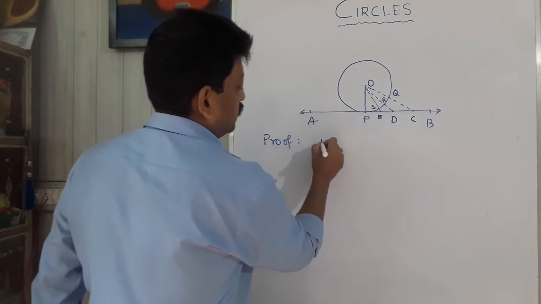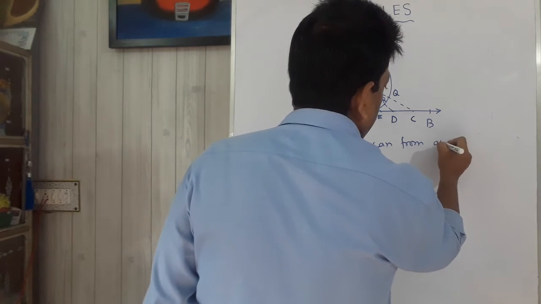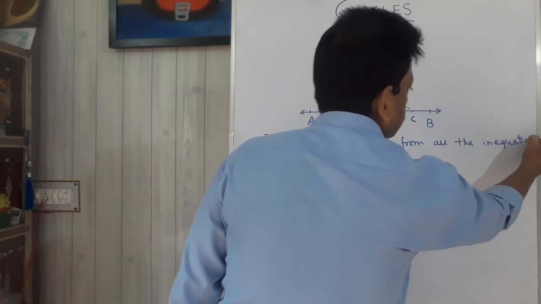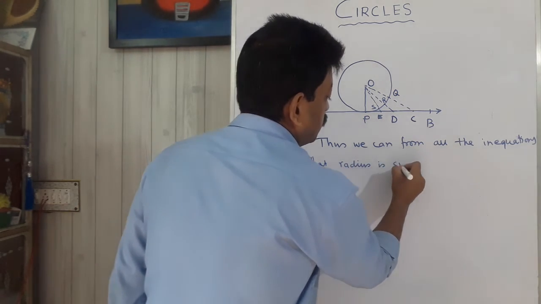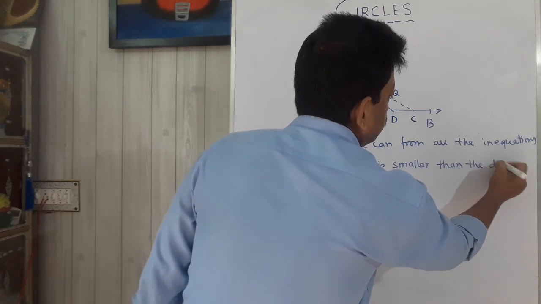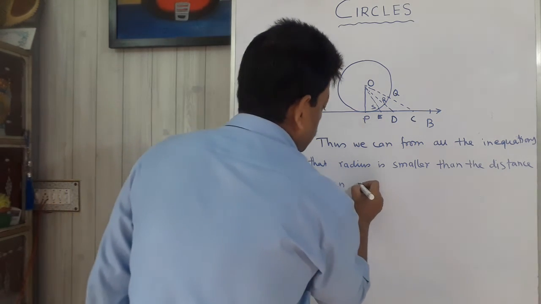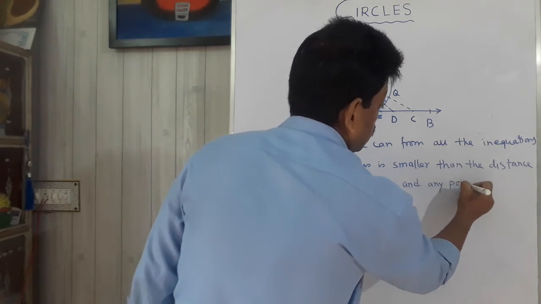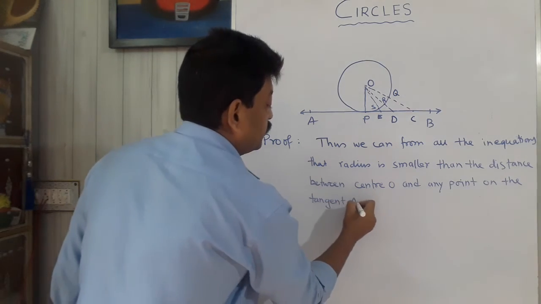So what we have seen, thus we can see from all the inequations that radius is smaller than the distance between center O and any point on the tangent AB.